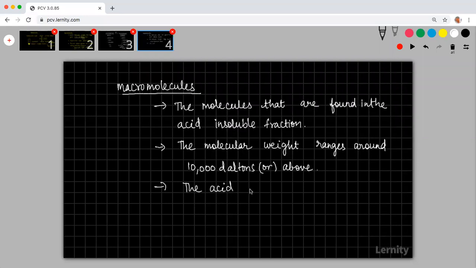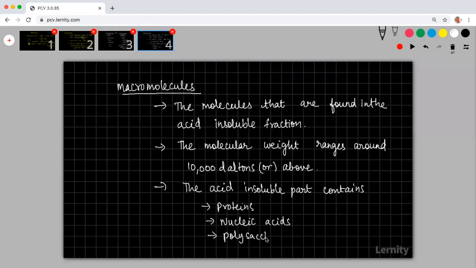The acid insoluble part contains proteins, nucleic acids, polysaccharides, lipids.